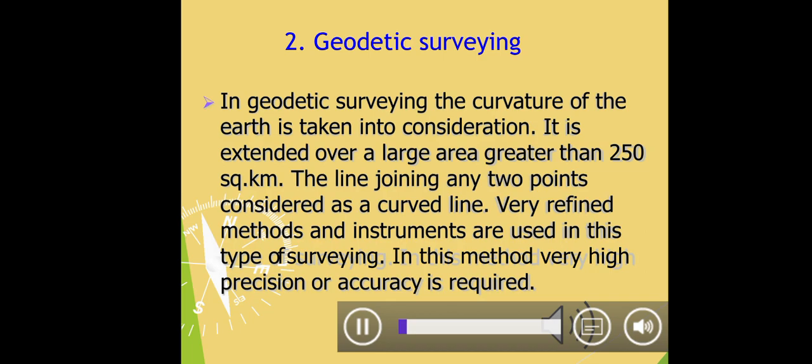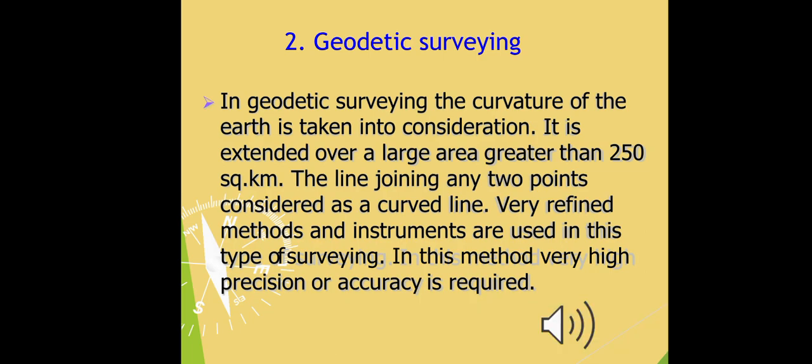In this slide, I will focus on another form of primary classification of surveying, that is geodetic surveying. The surveys in which the curvature of the earth is taken into consideration are known as geodetic surveying.